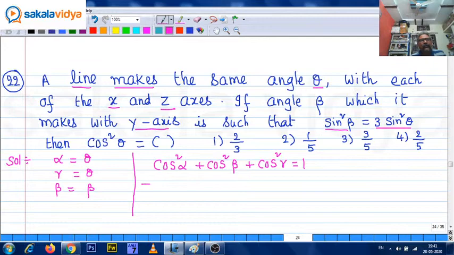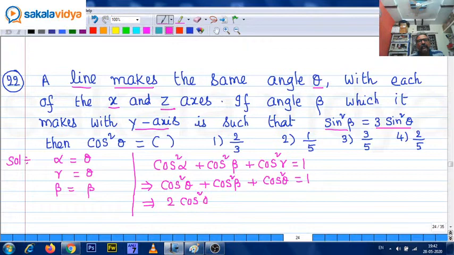So now alpha we can write cos square theta, beta we need to find out sine square beta, so keep cos square beta, gamma is also cos square theta, equals to 1. So now this is 2 cos square theta plus cos square theta.